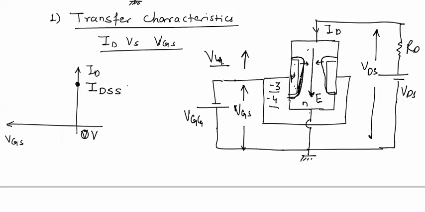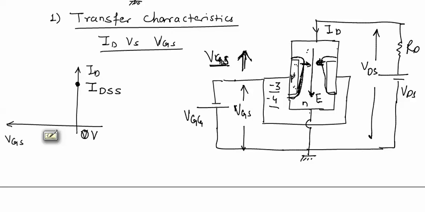Now if we go on increasing this VGS, gate to source voltage, reverse biasing between gate and source increases, and with increase in reverse biasing, the depletion layer penetrates more into the channel.